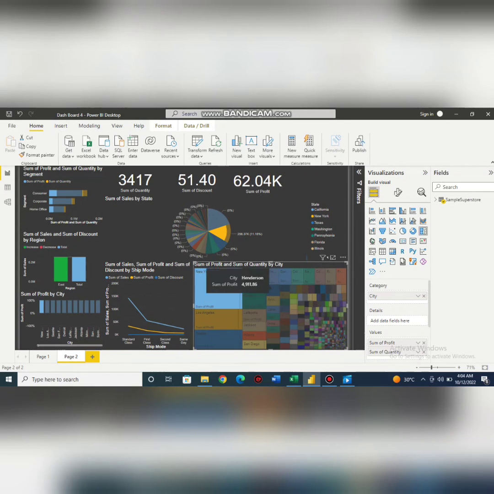If we increase the quantity of sales generation, we could increase the profit like New York City, so this business problem would be solved if we apply this scenario.